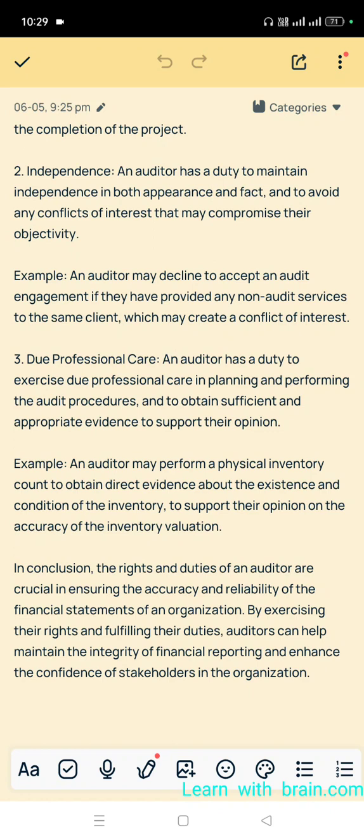Have you understood? Simple example with a simple concept.